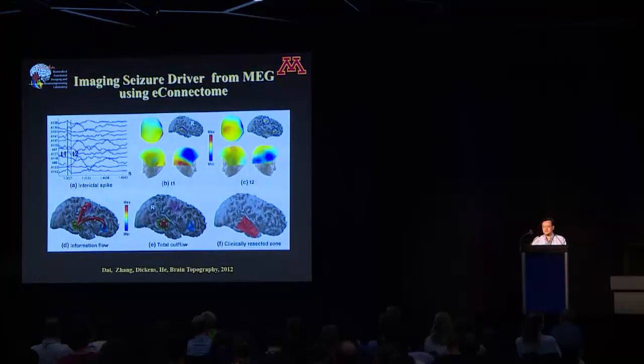Not just from EEG, we also conducted work by looking at MEG signals. In this particular case, you can see that from the 148-channel MEG recordings during interictal spikes, 3 possible seizure sources were identified after Granger causality analysis. The region shown in D, with information outflow coming out, coincides very well with the clinically resected zone in this patient, and the patient became seizure-free.